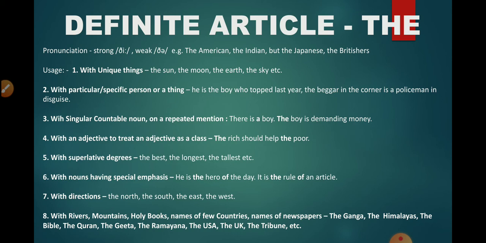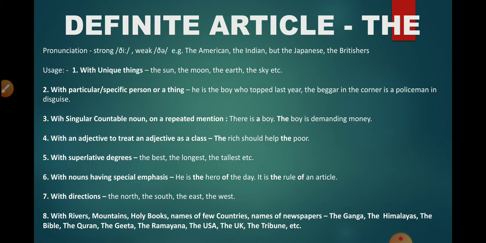Here we have the common noun boy, and we are using the definite article the before it. Why? Because the phrase after the boy is making the boy specific rather than common. We are talking about the boy. Which boy? Who topped last year. The phrase who topped last year makes it specific or particular rather than common.